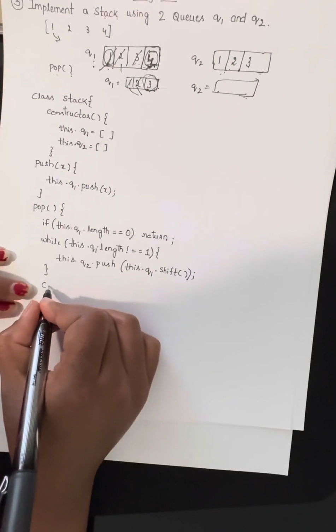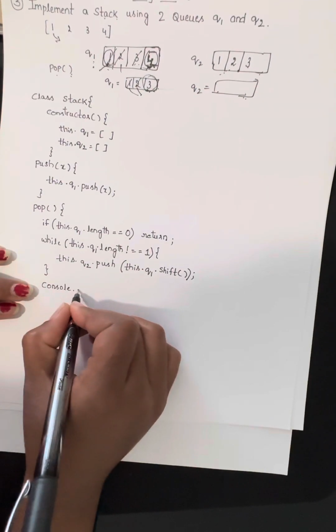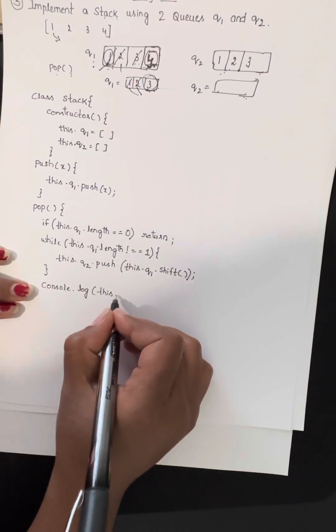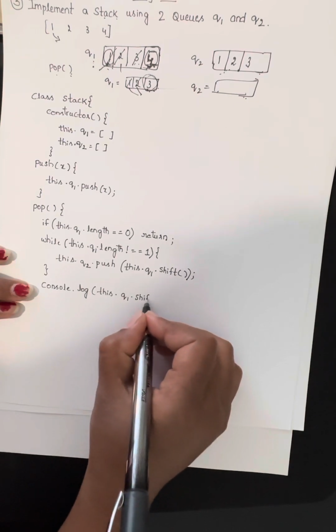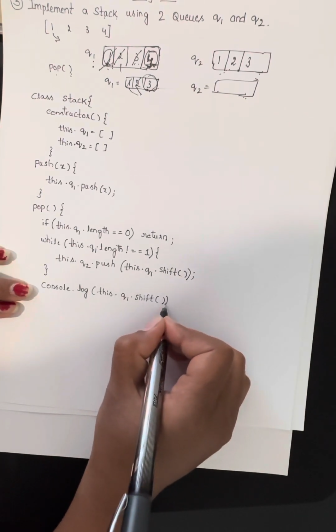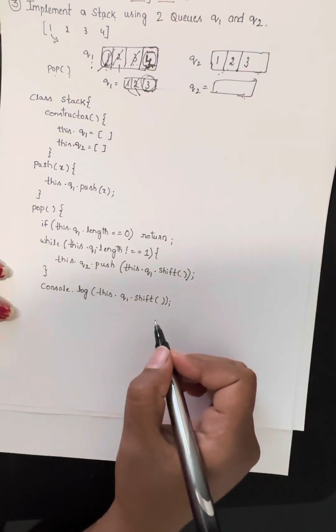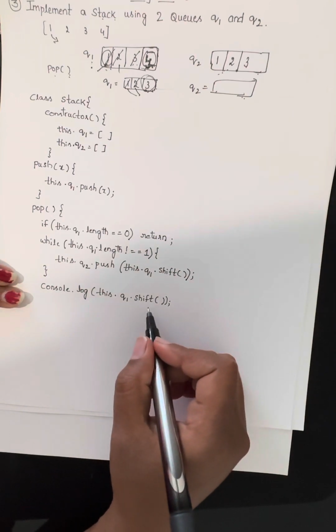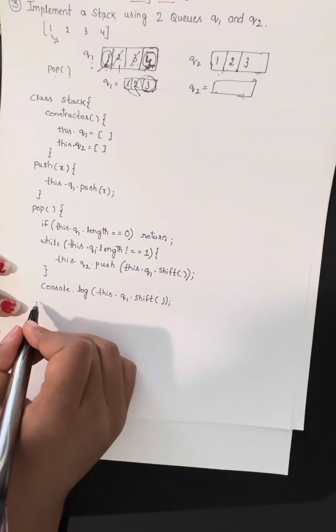Now we'll return or console this.Q1.shift. Since only the last element is left in Q1, we'll print that element for the pop operation whenever the pop function is called.